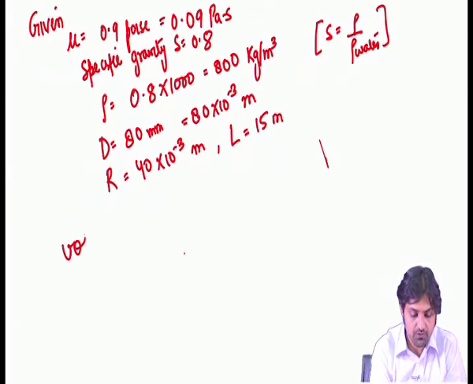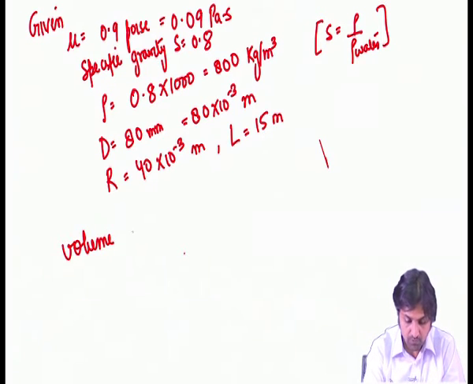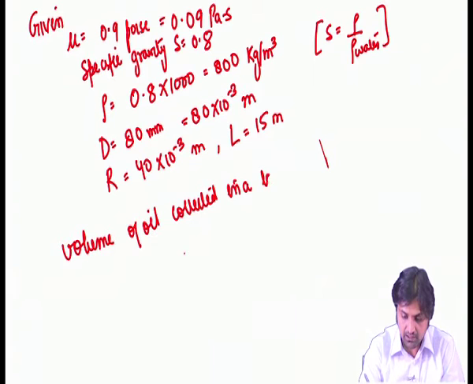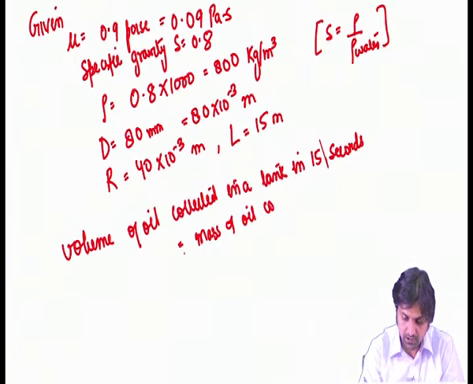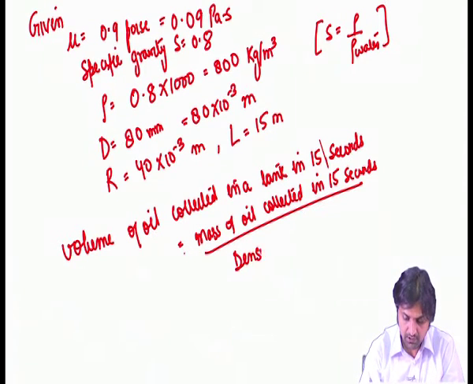First, we are going to calculate the volume of oil collected in a tank in 15 seconds, which is equal to the mass of oil collected in 15 seconds divided by the density of oil.